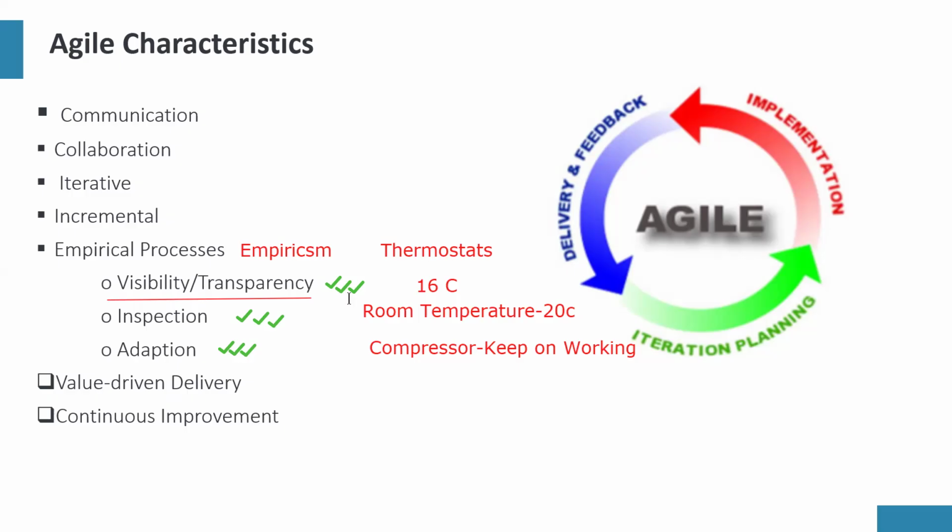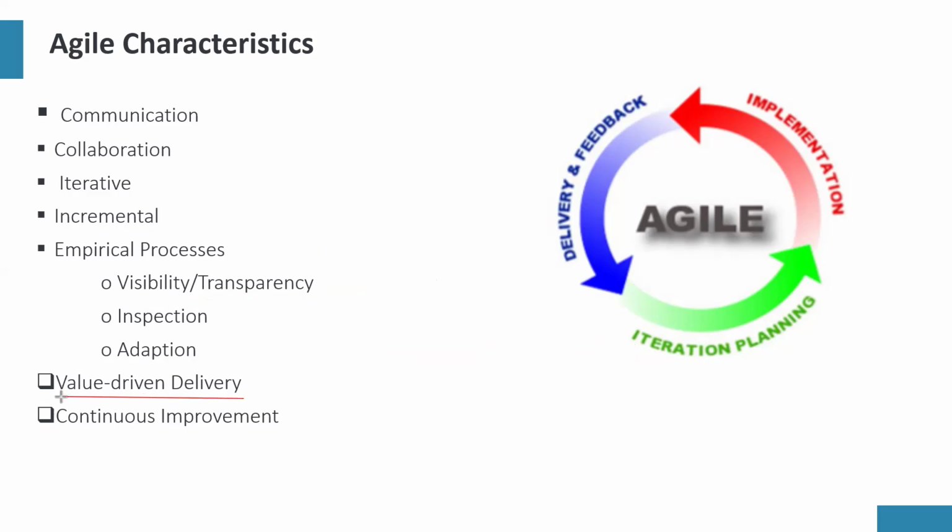That shows visibility because now the work to be done is put on paper and sticky notes on the board so that we can check what each person is doing. That is the concept of visibility in Agile. Agile is about driving value and continuous improvement. So these are characteristics of Agile.